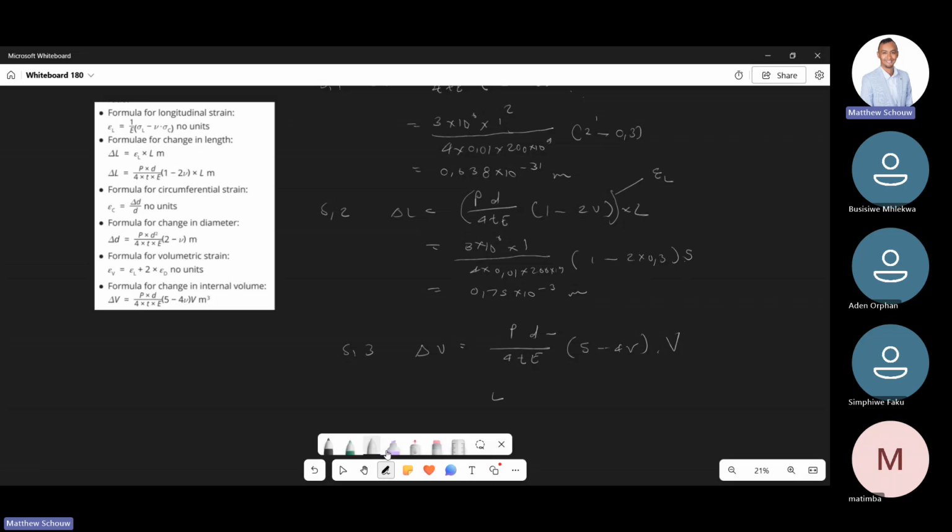Okay, so just do that for me quickly. Very important concept. You can quickly find how the volume changes for that pressure.